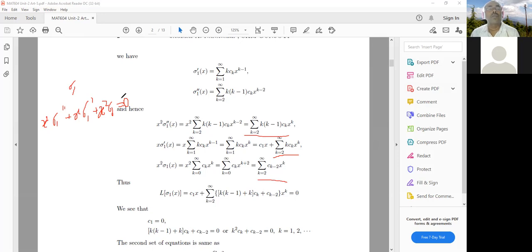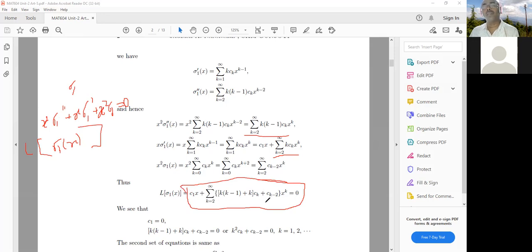And putting those values here, you can write it in operator form L of sigma 1 of x. This is nothing but this. So if you put the values, you will get after simplification this expression, and this should be 0.